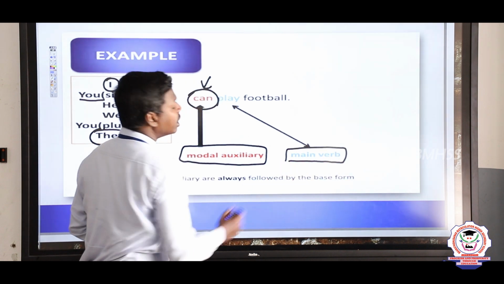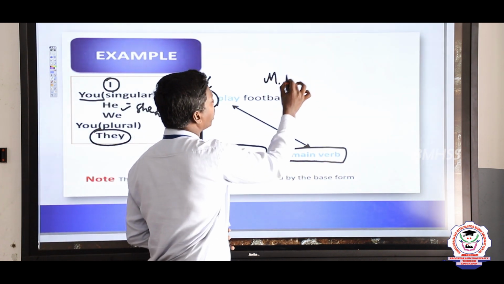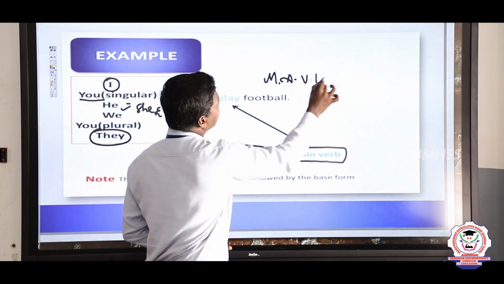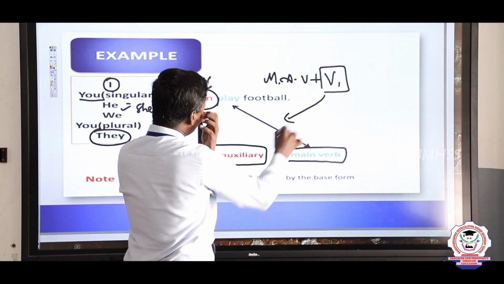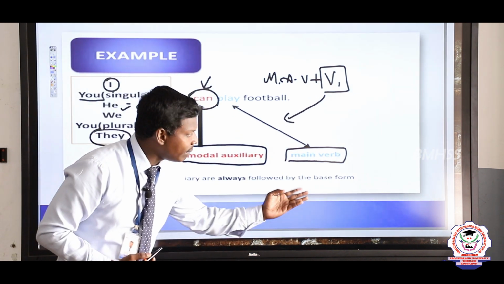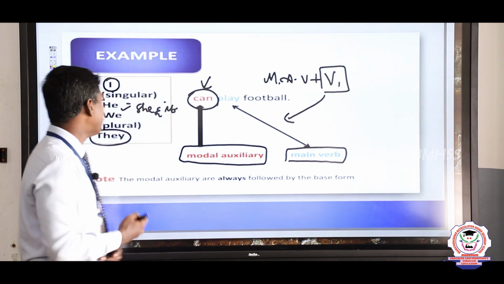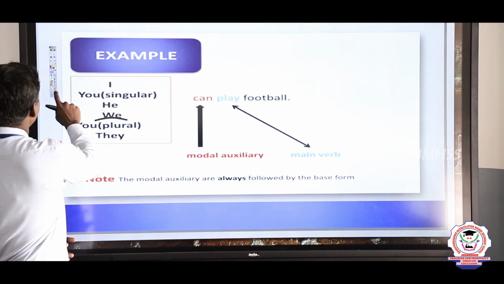So normally the basic structure for modal auxiliary family is modal auxiliary verb plus V1, that is the present form of the verb, that is what we say main verb. So the modal auxiliaries are always followed by the base form of the verbs, that we must understand.